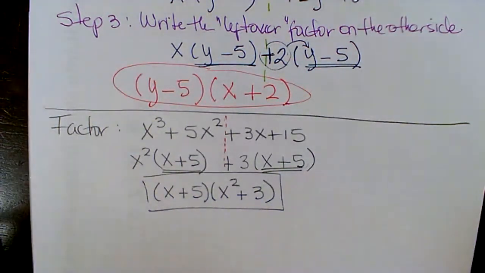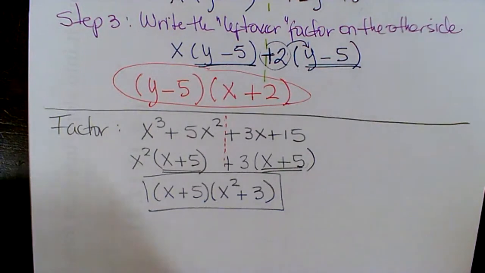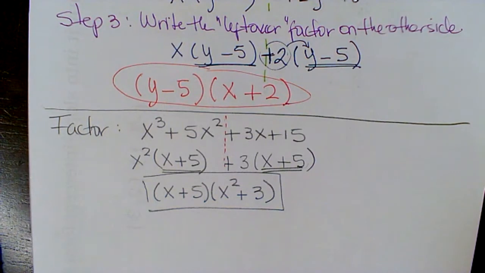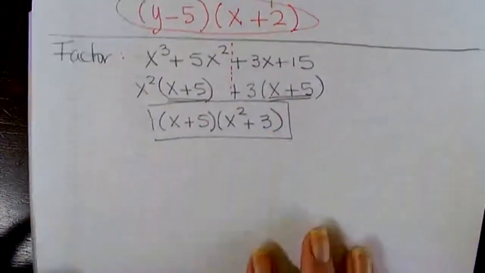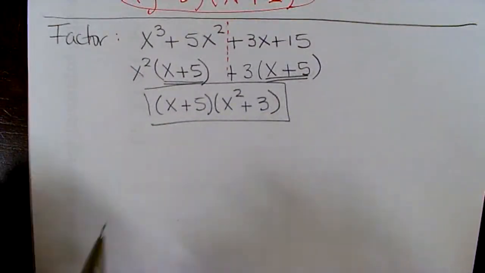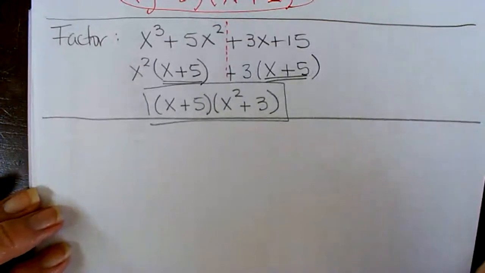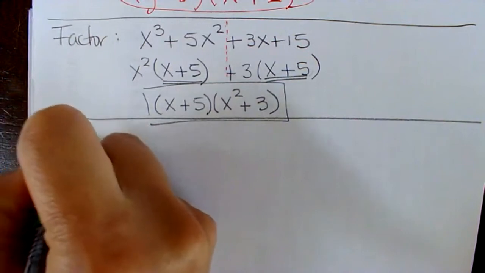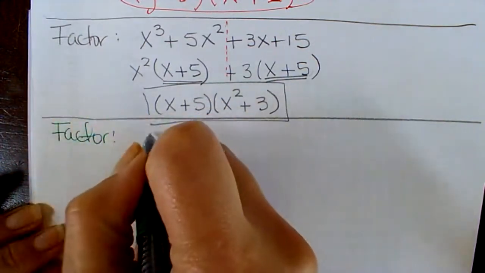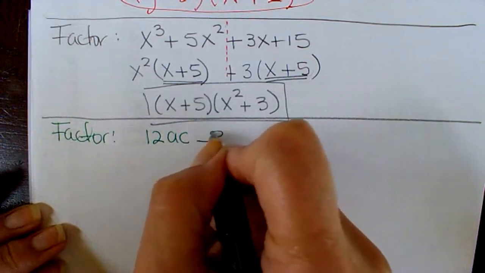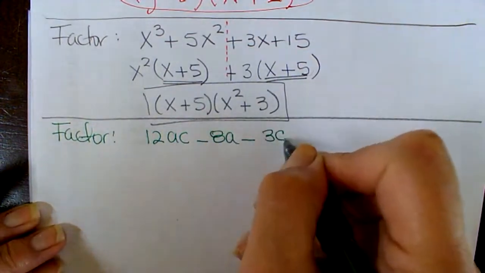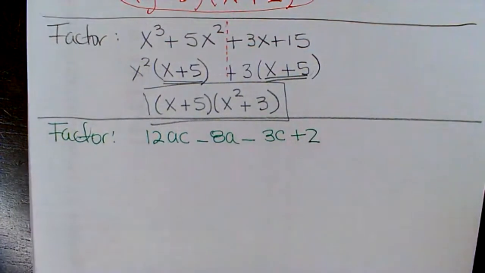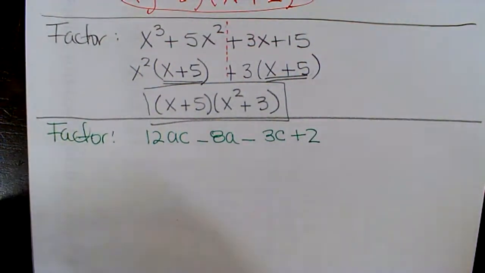Now, let's go on to, you know what? Let's do this one that is a little bit different. Let's do one more factoring by grouping. So this one says 12ac minus 8a minus 3c plus 2.